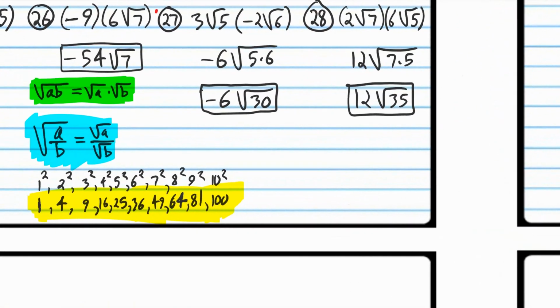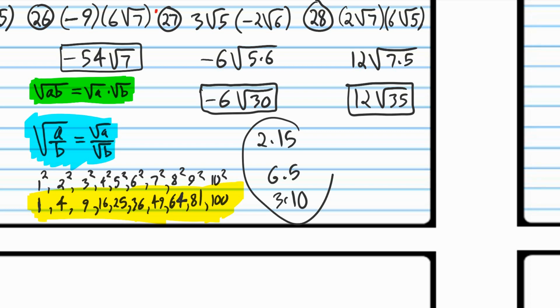Well, you might be wondering, how do I know there's no perfect square in 30 or 35? Well, 5 and 7 are prime numbers, so you can't factor those in any other ways. 30 you can factor to 2 times 15, you can factor to 6 times 5, you can factor to 3 times 10, but you can see there are no perfect squares in any of these factorizations.